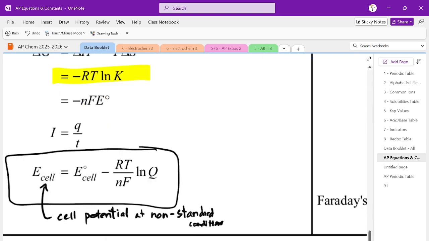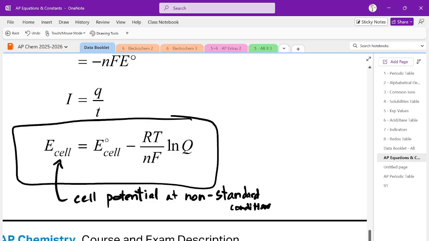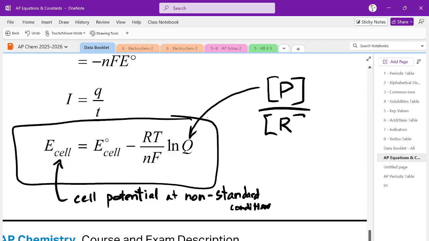So in theory, you could do all of these things. And then what do you imagine Q is? It's the concentration of the products over the concentration of the reactants. Yes? So it's just a Q like we used in Keq calculations. So you'll take your concentration of your products, whatever is given to you in the question, and divide by your concentration of your reactants.